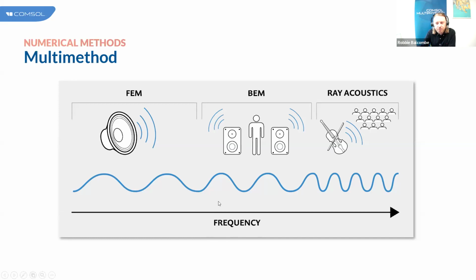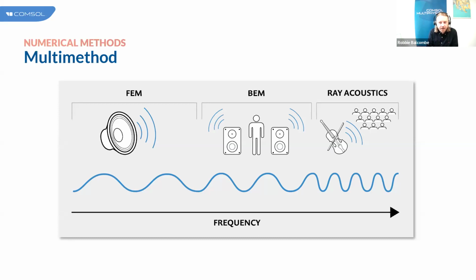The use of frequency here as the determining factor, whether we are working with finite elements, boundary elements, or rays, is a little bit of a misnomer. The important metric is actually the ratio of your wavelength to the extent of your geometry. So if your geometry is, say, up to 10 to 20 wavelengths, then we would typically consider this to be a small acoustic problem that can be computed using the finite element method.